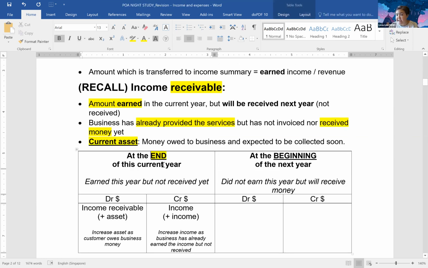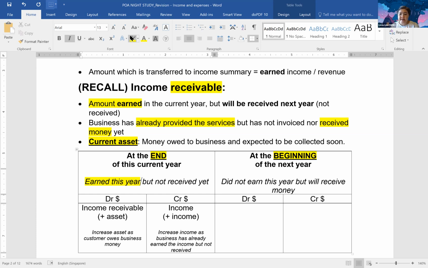The end of this financial year also poses a problem for the business at the beginning of next financial year. Why is it a problem during this period of time? At the end of this year, I earned the money already, but I haven't received it yet.